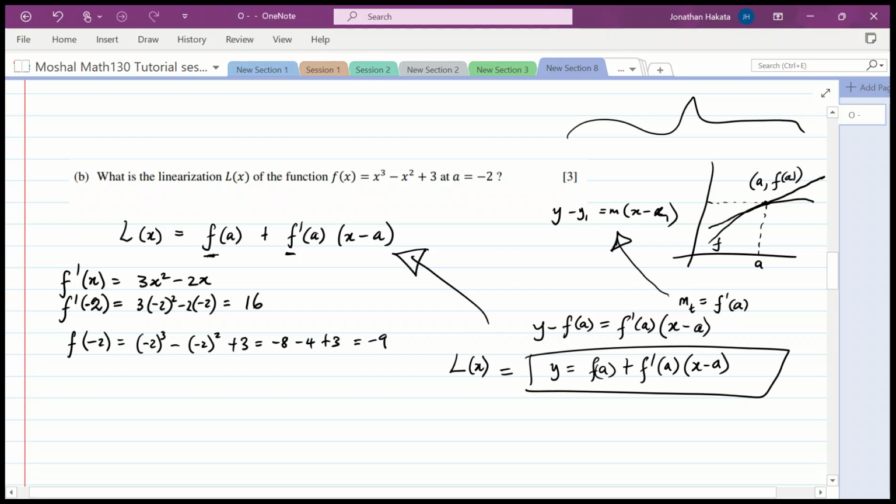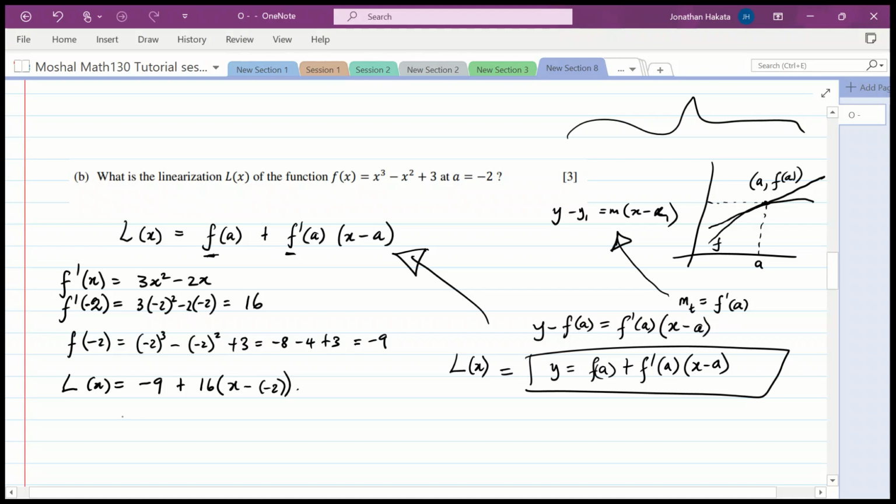So I think we have everything now, so we can calculate the linearization. L of x is equal to f of A, which is our f of minus 2, which is negative 9, plus f prime evaluated at negative 2, which is 16, into x minus minus 2.